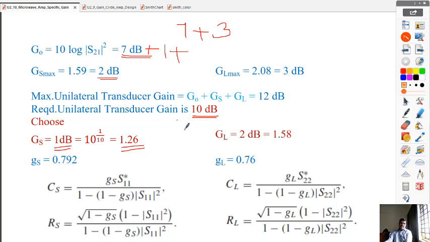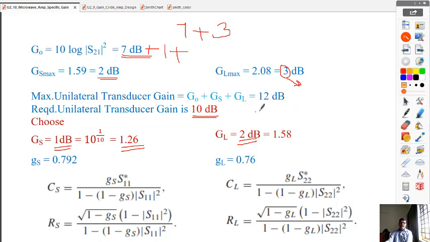for the GS. Similarly, the output matching network can give a maximum of 3 dB. What we need in addition: we have now 7 plus 1, 8 dB, so we need 2 dB only. So we can choose only 2 dB from the maximum available 3 dB.